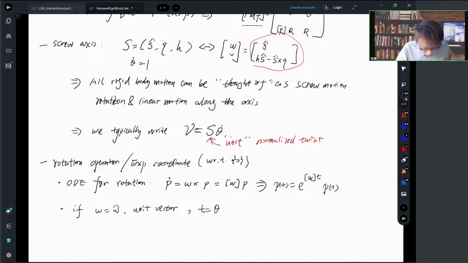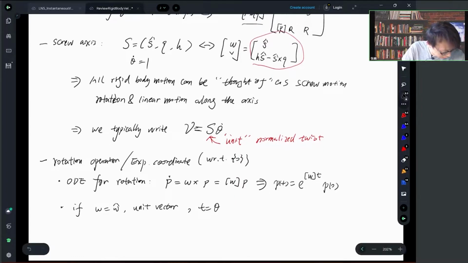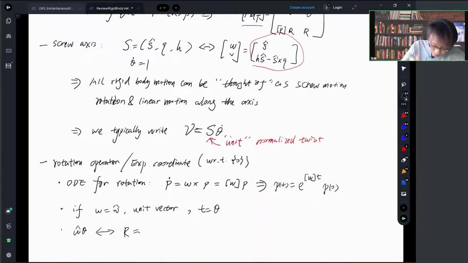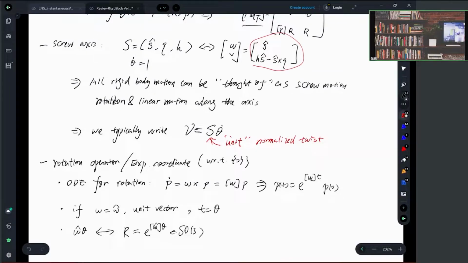And so t is theta, then omega hat theta. This is rotating about omega hat by theta degrees, and you will have an operator. That description of this action can be represented by e to the omega hat theta. And this guy belongs to capital SO3.